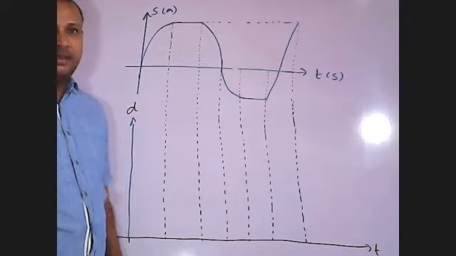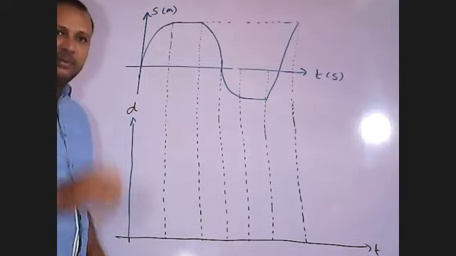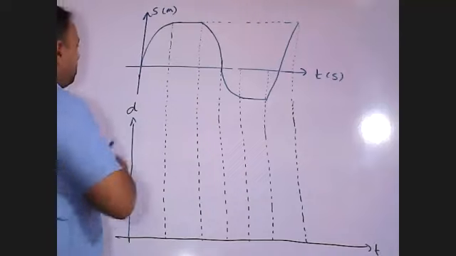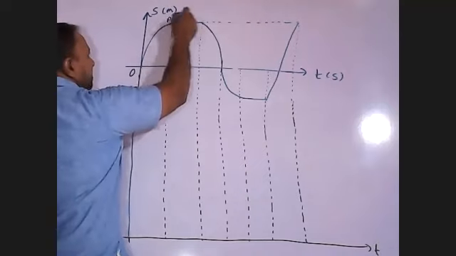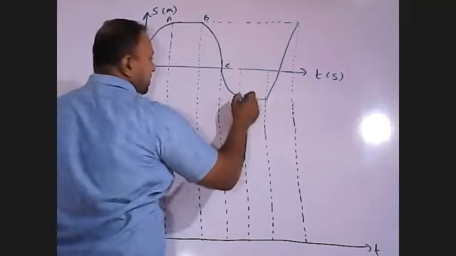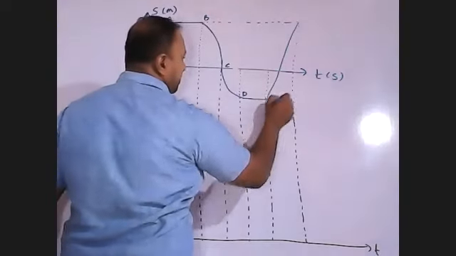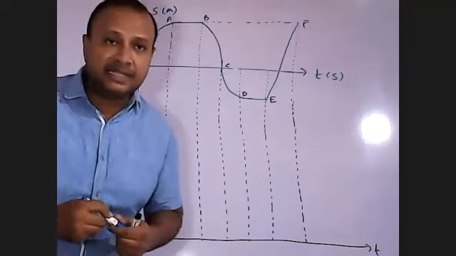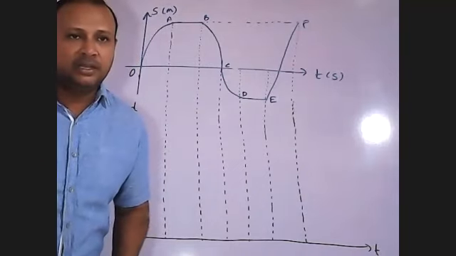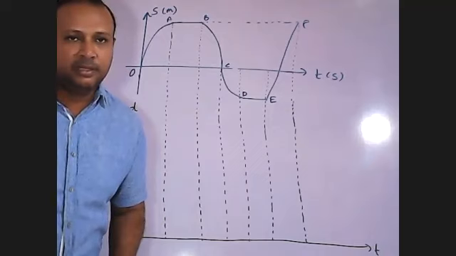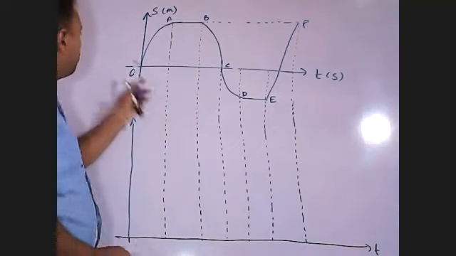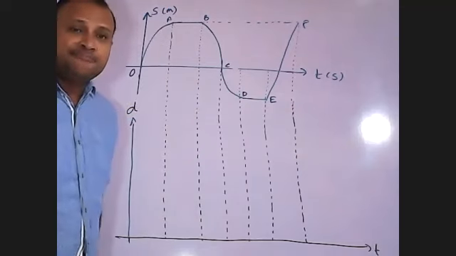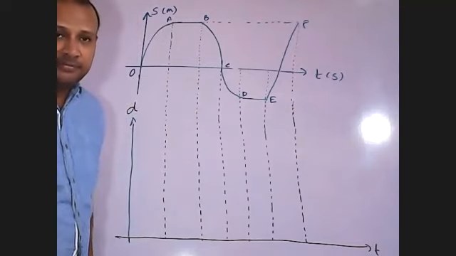Everyone, please look at the board. Now, tell me from O, A, B, C, D, E, F. Everyone, I need your answers. Tell me from O to A, what kind of graph is this?